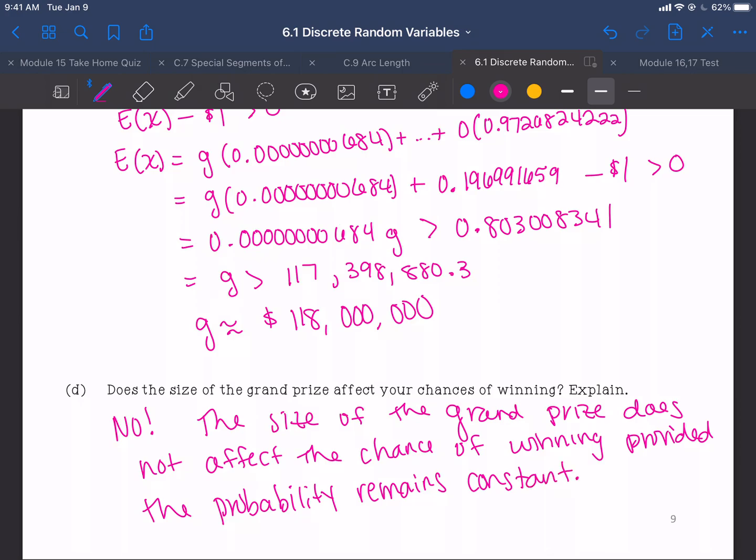All right, so it's not your probabilities changing, it's the potential grand prize that is changing, and over an amount of time, you can make a profit, but in reality, the probabilities are staying the same, so your chances of winning are not any different. All right, and that's what we have for discrete random variables.